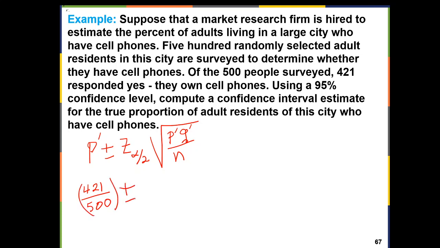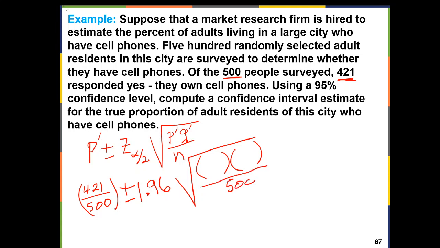P prime is that 421 divided by the 500. So now what is z? What is z for 95% from normal distribution? We know that's 1.96, right? And then we're going to put p prime and q prime here and divide by 500.